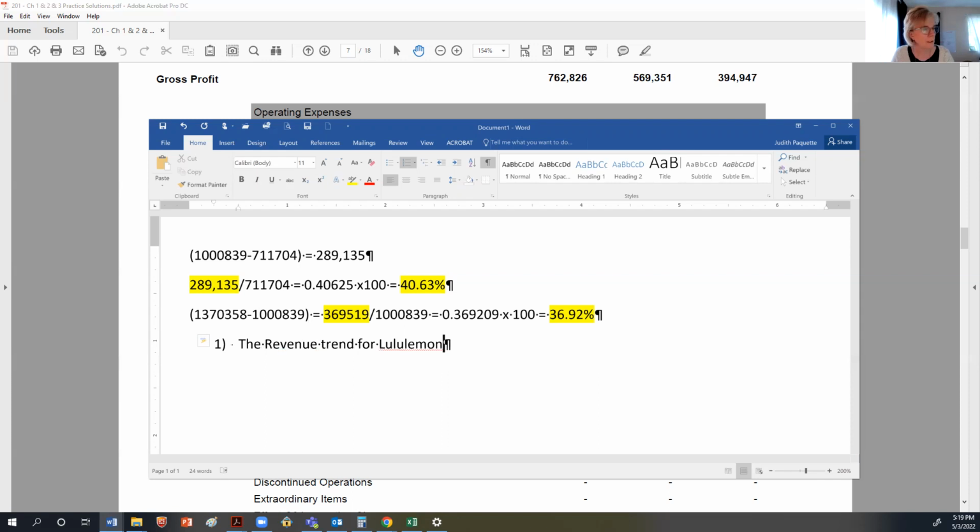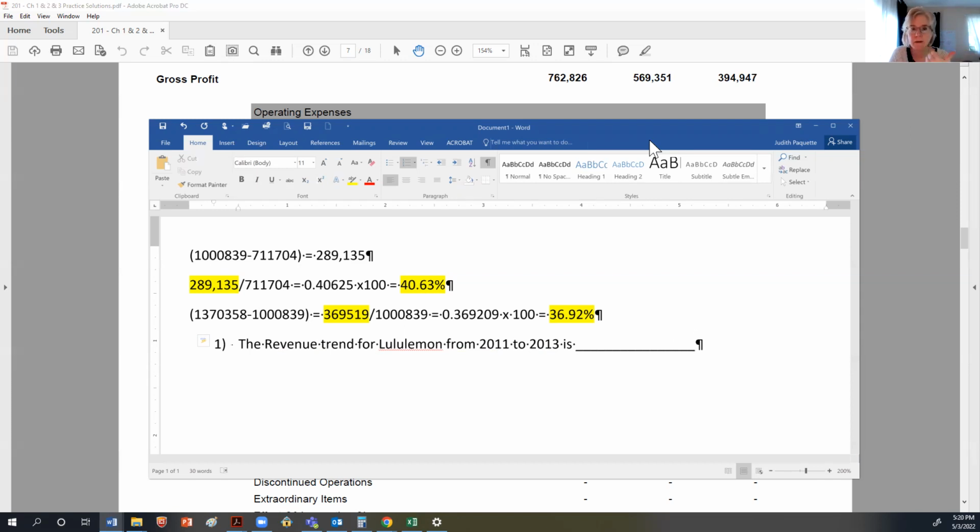Okay, the revenue trend for Lululemon from 2011 to 2013 is what? Okay. If we were talking about net income, the net income trend for Lululemon from 2011 to 2013 is what? Favorable, unfavorable, or neutral? What do you guys think?